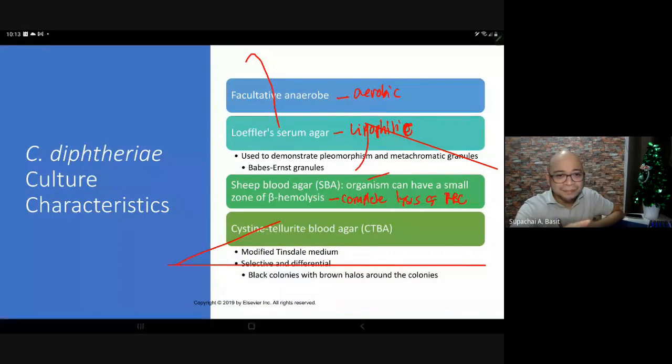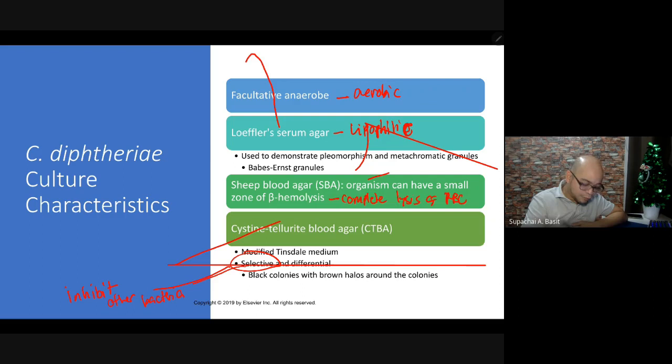Another important medium is the cysteine tellurite blood agar, known as the modified Tinsdale medium. It is selective and differential at the same time. Why selective? Because it can inhibit other bacteria from growing; it would only allow Corynebacterium to grow. And why is it differential?